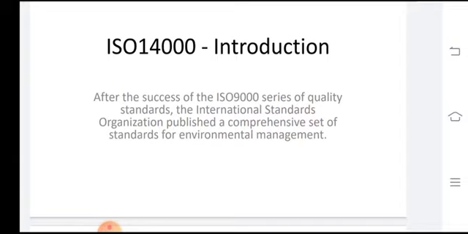Now, ISO 14000 is purely dedicated to the environmental performance. So, environmental products, evaluation of the product based on the environmental impact. That's the target now for the ISO 14000 series.